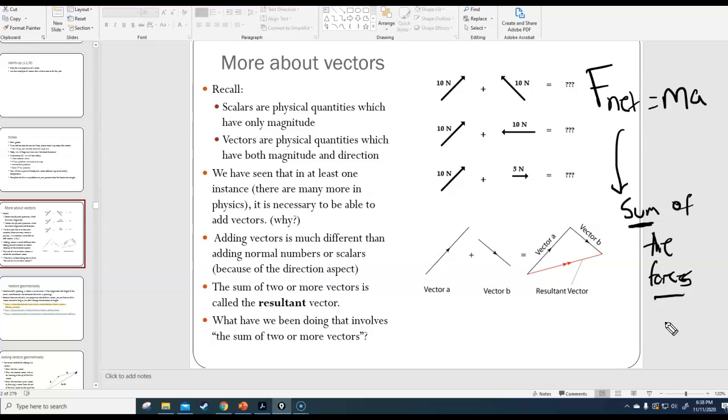Another situation where you might need to add vectors would be, for example, let's say you leave your house and you go 10 miles north, and then 5 miles east, and then 12 miles north of west at 30 degrees, and you go on this journey and you have all these twists and turns.